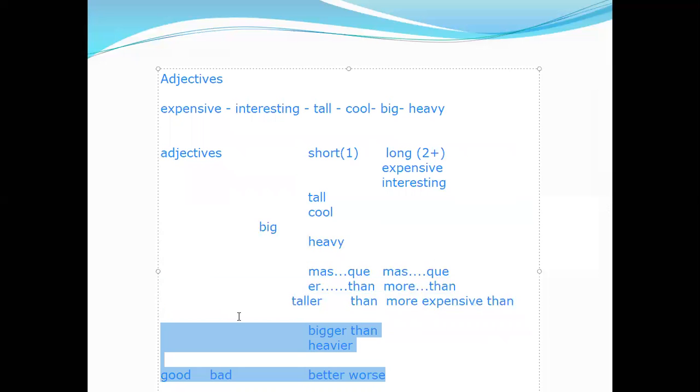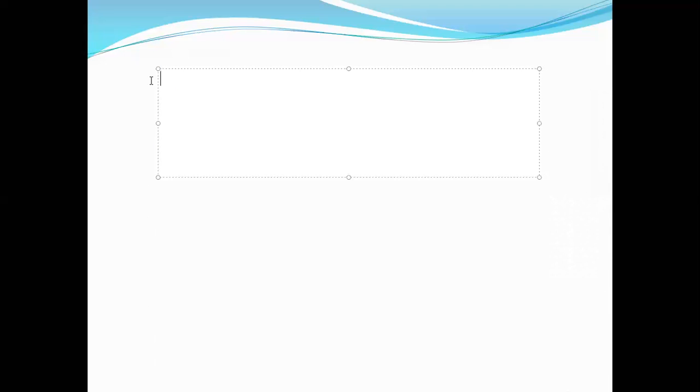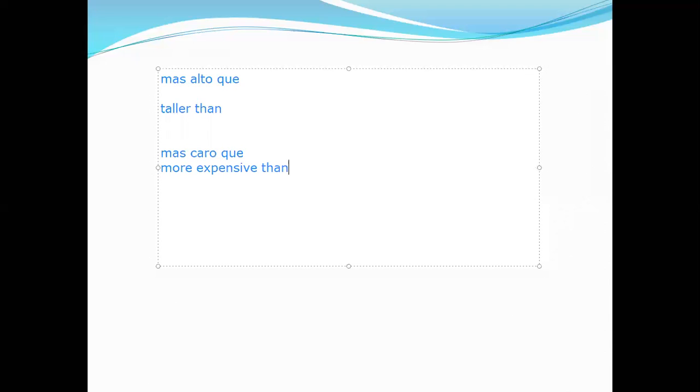So the most important thing, remember, is that we transform adjectives in different ways. If I want to say más alto que, remember that tall is a short adjective, so I say taller than. But if I want to say más caro que, like it's a long adjective, I say more expensive than. Avoid committing this mistake.